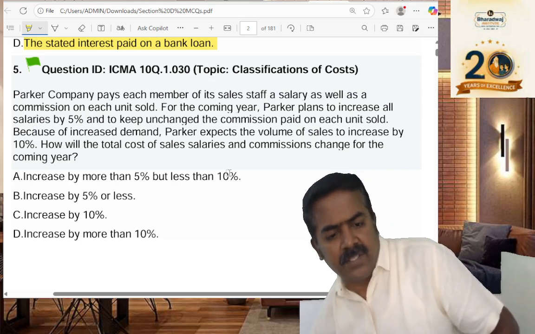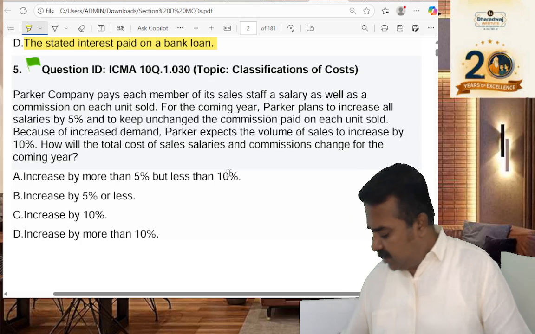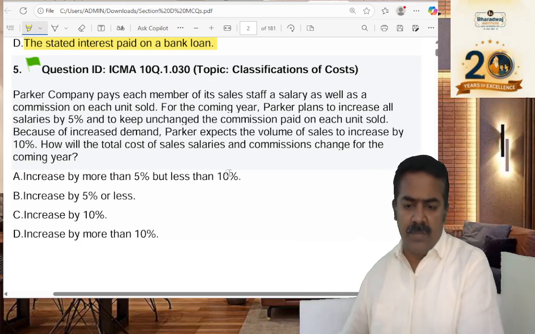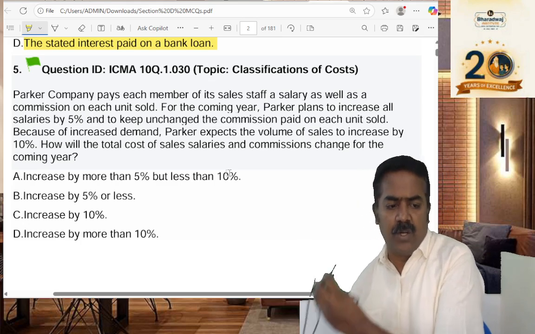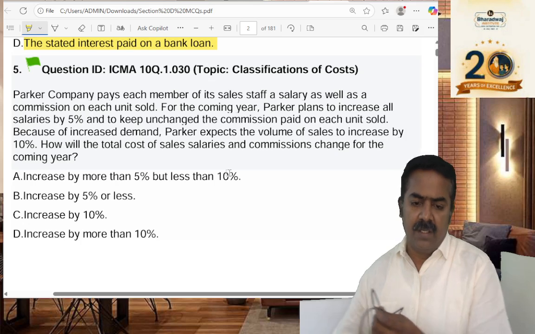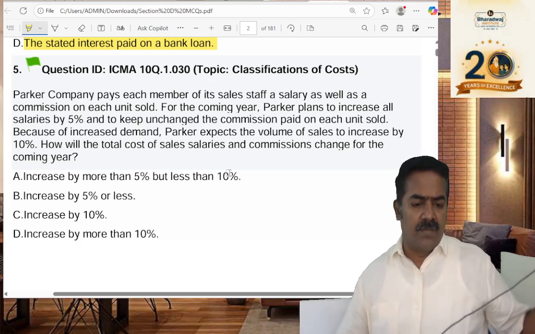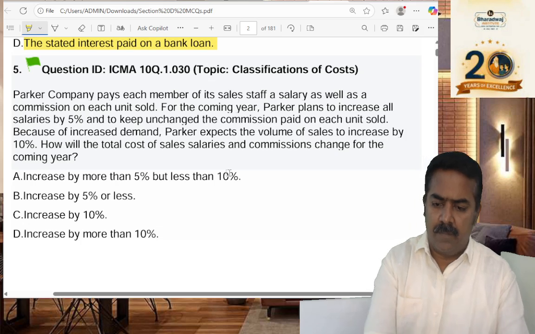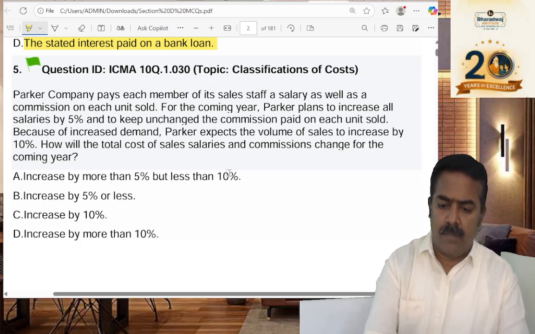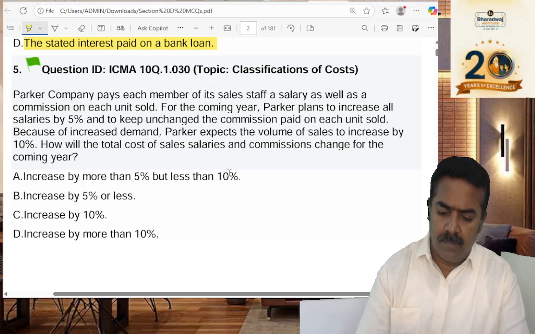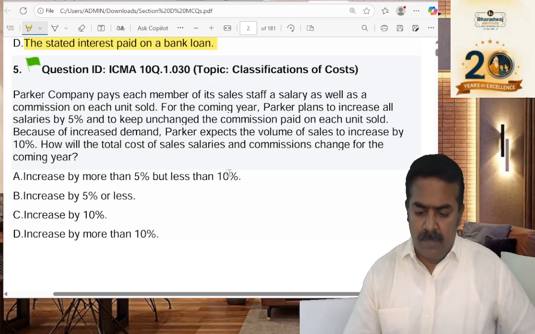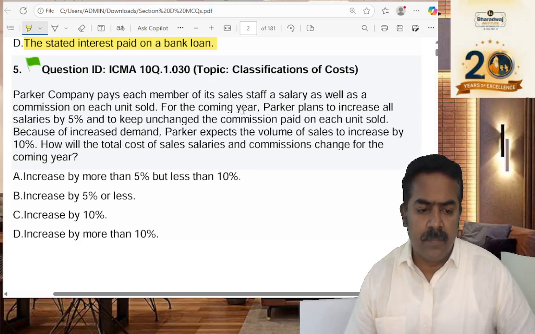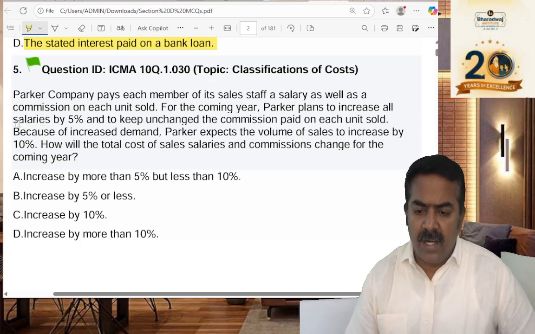Read the next one. Increase salaries by 5%, keep unchanged the commission quota. They do not want to change the commission. Because of the increased demand, they are expecting the volume of sales to increase by 10%. What will happen to the total cost of sales, salaries and commission? Salary will be increasing by what? 5%.